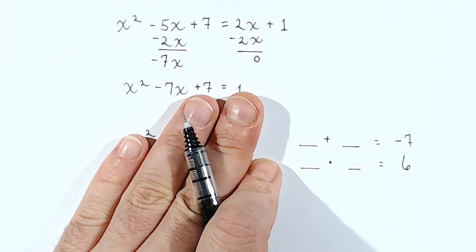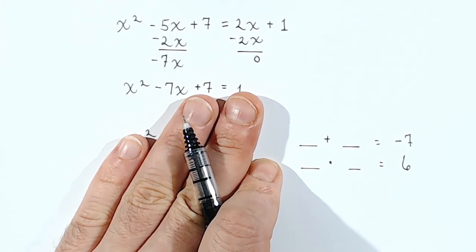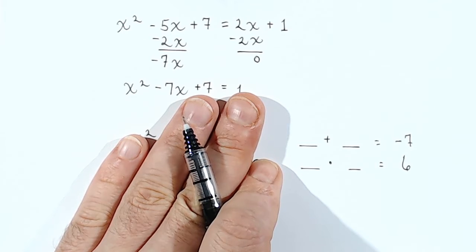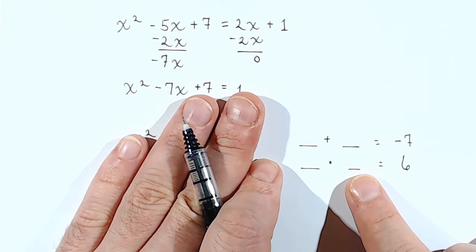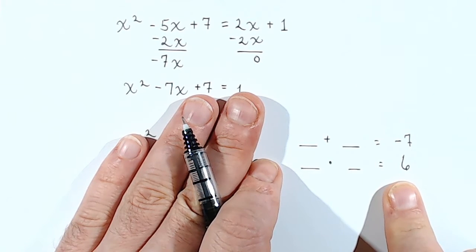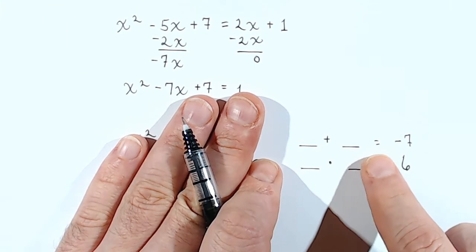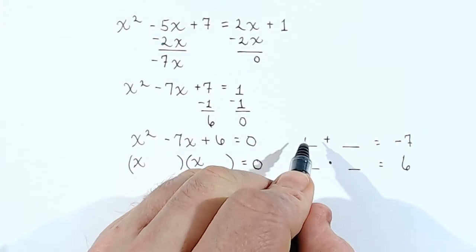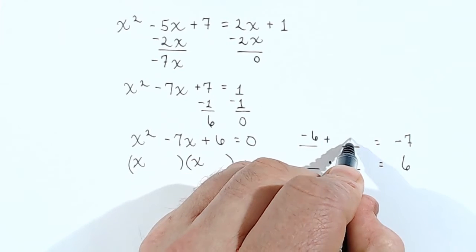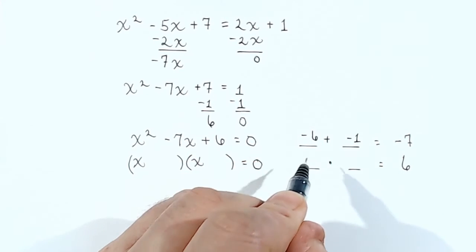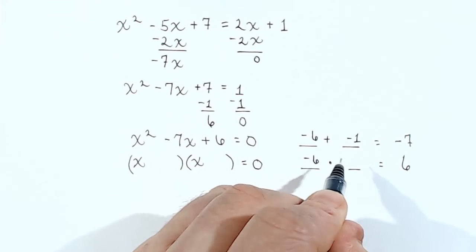Well, 6 and 1 should be percolating through your mind right now. And the question is, is it negative 6 and positive 1, or negative 1 and positive 6, or negative 6 and negative 1? Well, negative 6 times negative 1 gives me positive 6, and negative 6 plus negative 1 gives me negative 7. So I write here negative 6 and negative 1.